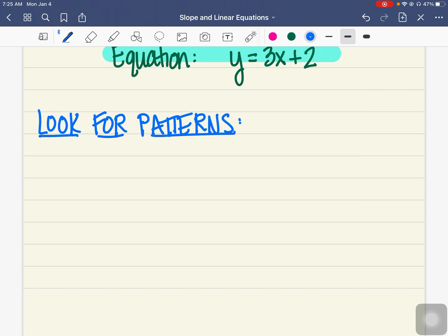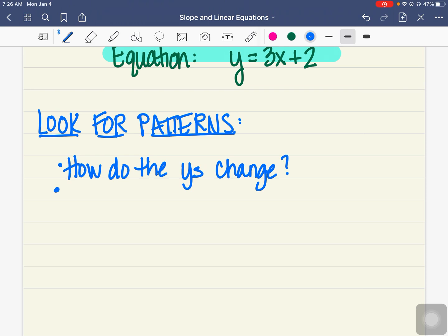We want to start with y because we want to see how do the y's change? And then we want to look and see how do the x's change?